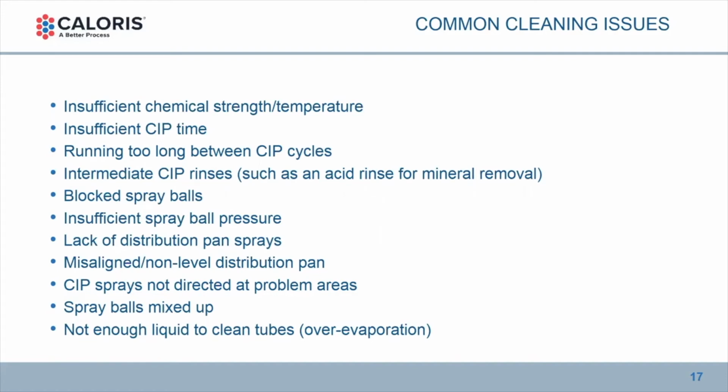So for some products, such as permeates, where you've got some minerals that have a tendency to precipitate out and foul the heat transfer tubes, it makes sense to go with an intermediate rinse to get those minerals off. And if it's minerals, you can get away with just an acid rinse that can be more quickly flushed out of the system than a caustic can.